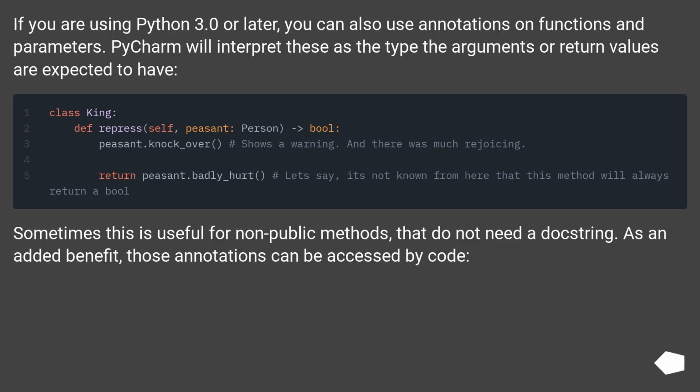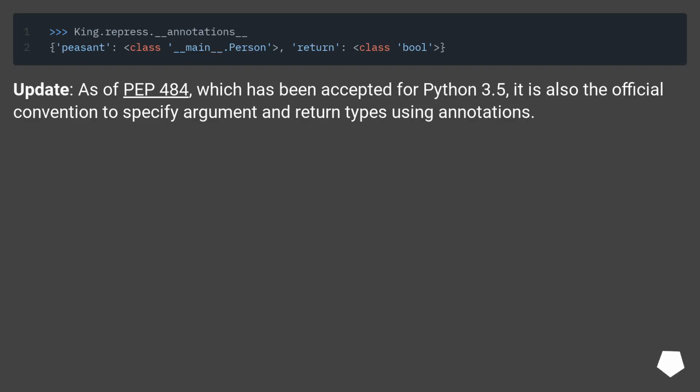As an added benefit, those annotations can be accessed by code. Update: as of PEP 484, which has been accepted for Python 3.5, it is also the official convention to specify argument and return types using annotations.